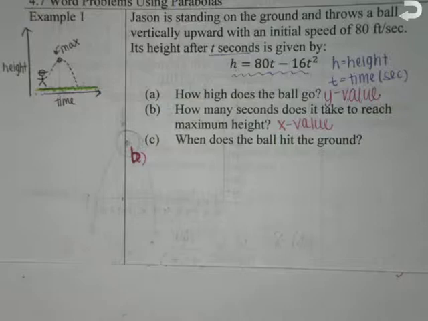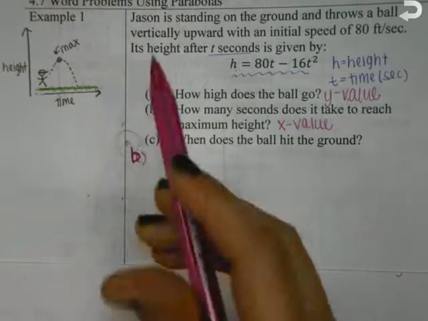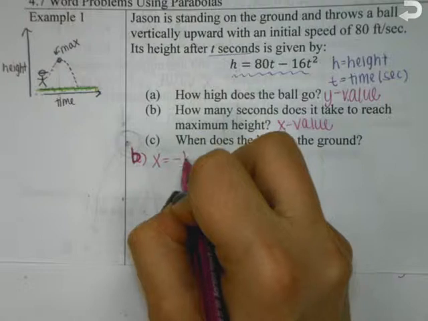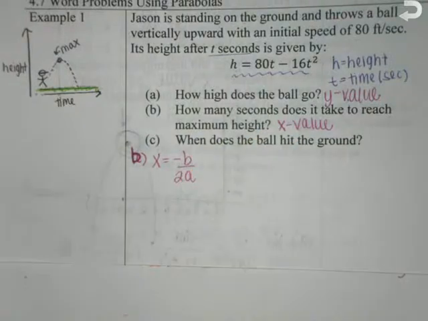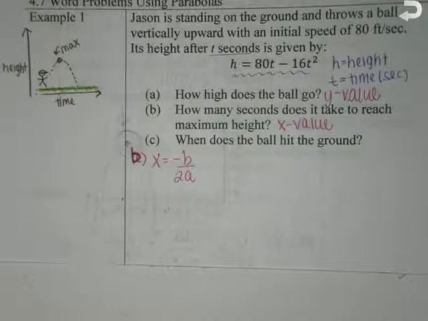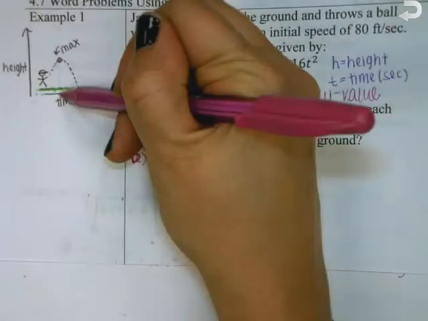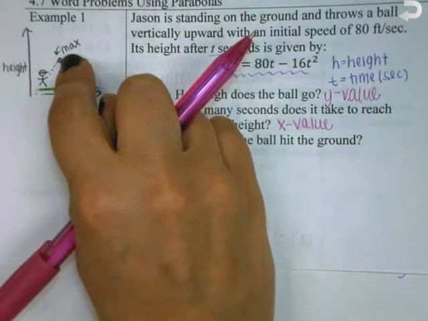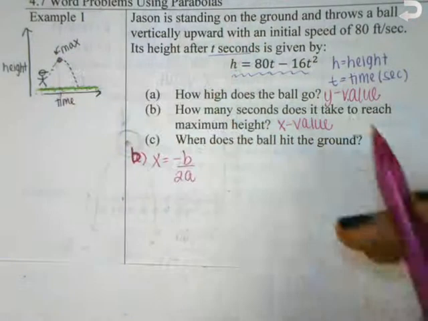That's going to be X equals negative B over 2A. You're going to use this a lot for these word problems. Okay. I'm looking for which point in time does my ball reach the maximum height in the air. Okay? So that is going to be negative b. Which one is b here?